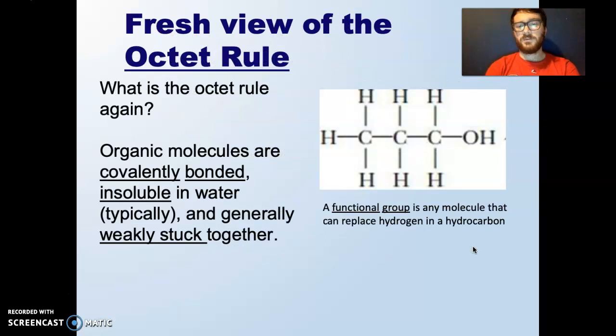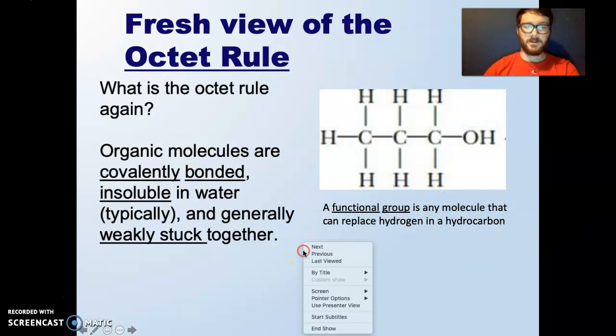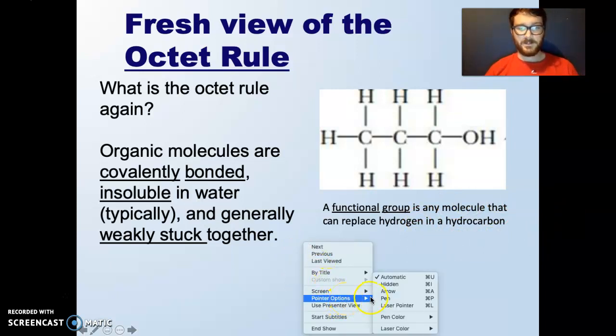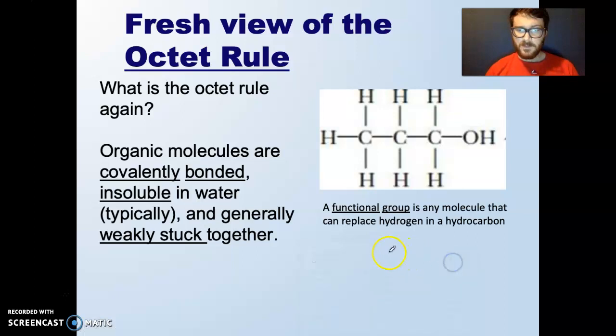Let's have a fresh view of the octet rule. The octet rule says that atoms want 8 valence electrons. Now I'm going to have to bring out my pointer. There you go. All right, so carbon has 4 valence electrons.